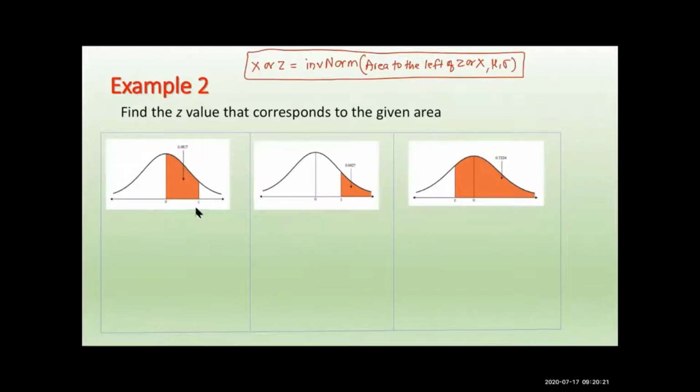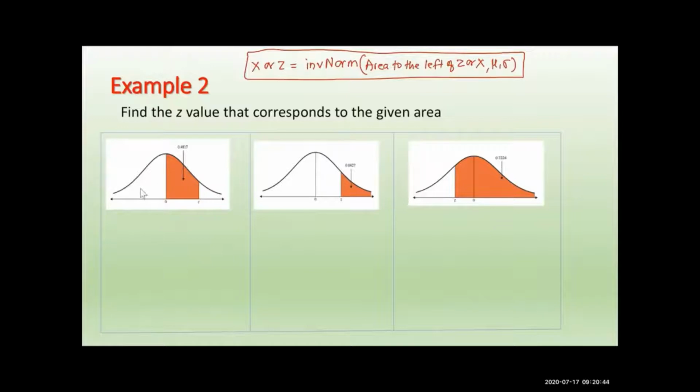I know only this area, from here to here. I don't have the area from the middle all the way to the entire left, to negative infinity. Do you know how much area will be on the left of the mean?